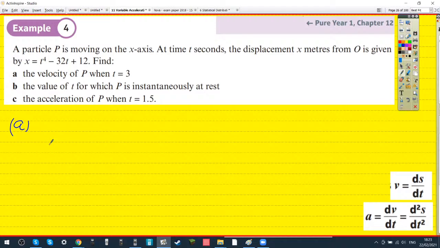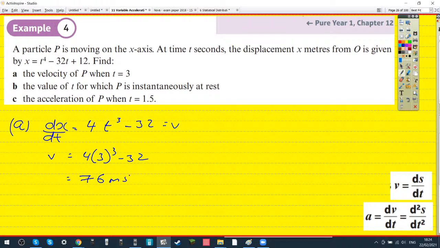We want velocity. Yeah, velocity is the derivative of displacement. And so am I doing 4t cubed minus 32? Mm-hmm. And then do I just sub in 3? Yep. And that will be 76. That's 76 meters per second.